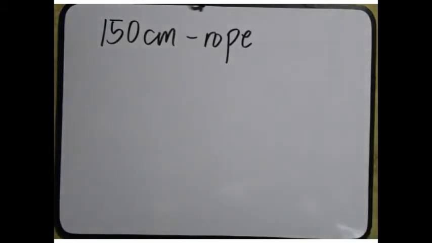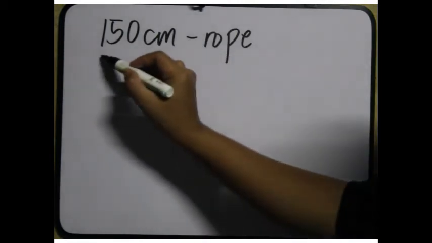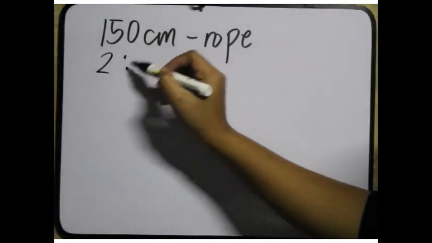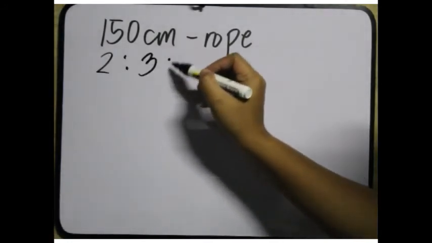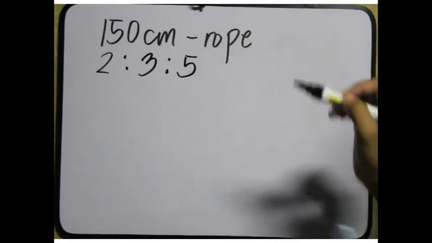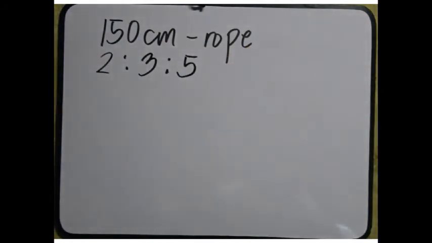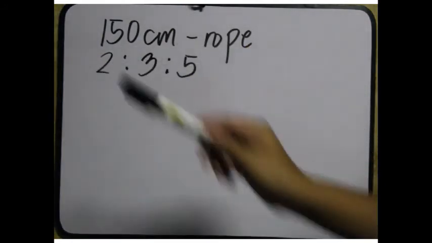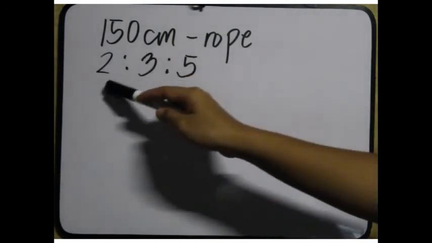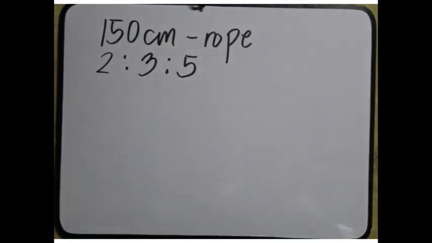Now, it is cut into 3 parts, but not equally. So our ratio for the 3 is 2:3:5. Now we are asked to find the length of each part. How are we going to solve that one?